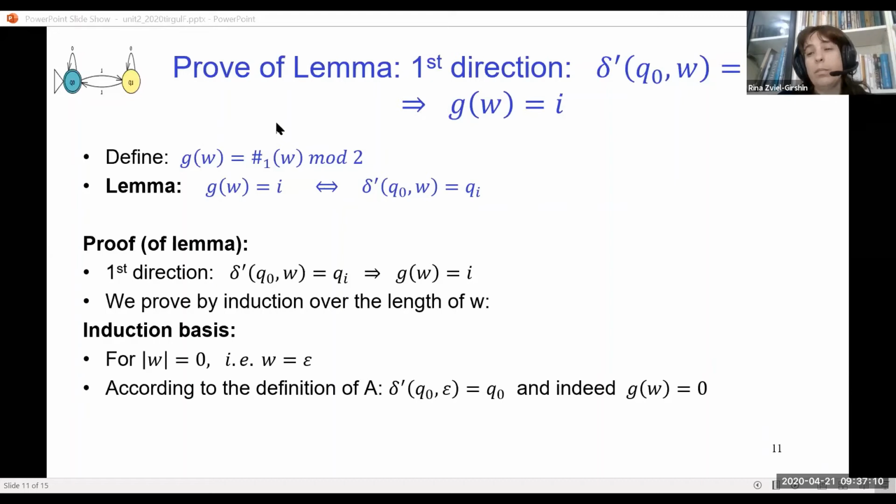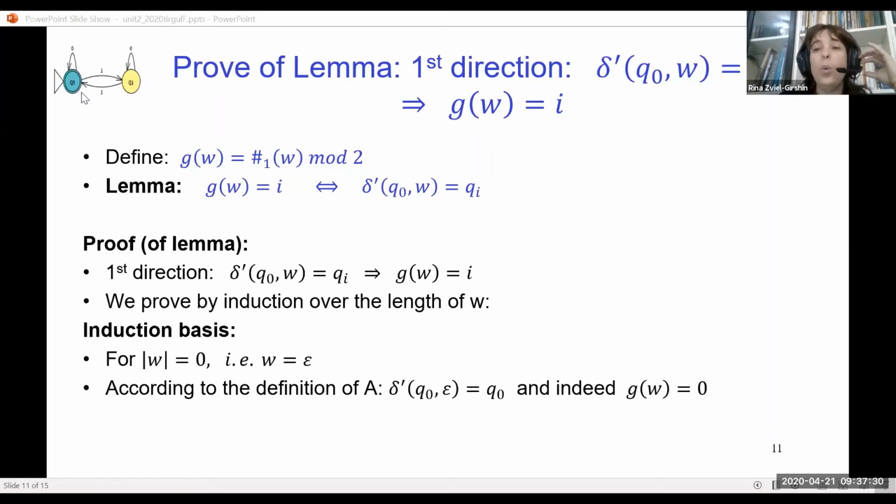Now, that's what we said: we have 0 or 1 as a counter, and Q0 represents that the number of ones is even, and Q1 represents that the number of ones in the word is odd.